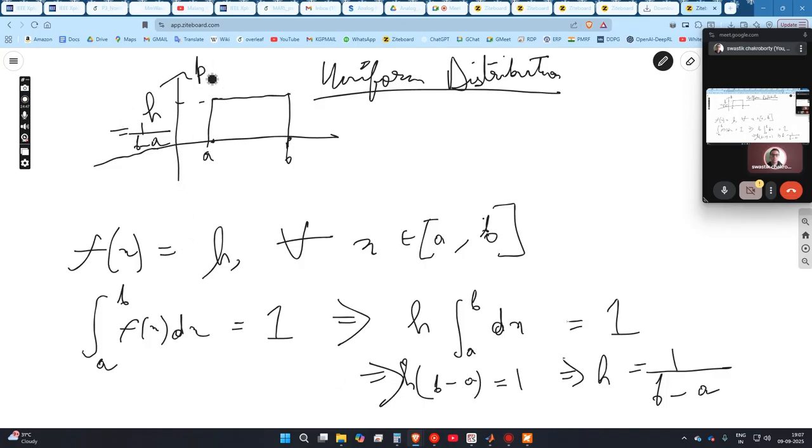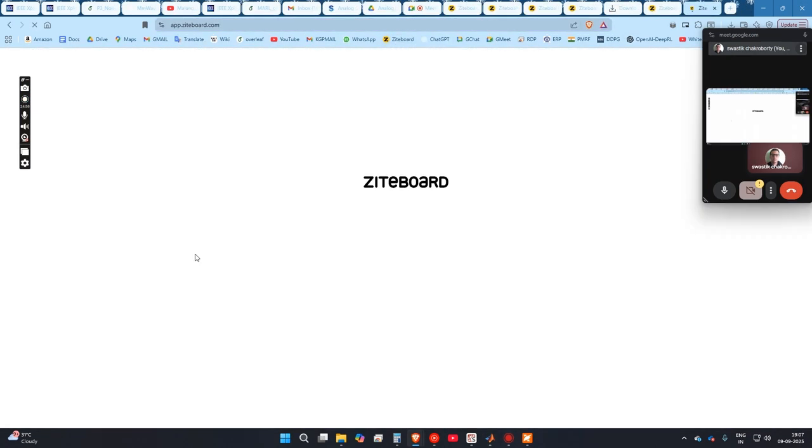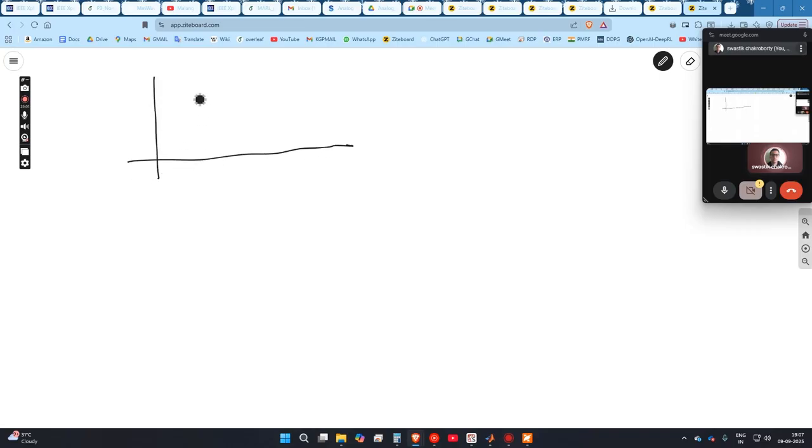Now, if you want to find the CDF, how do you get the CDF from the PDF? You integrate. Say you have this uniform distribution. Now you want to find the probability that your point lies within this region, the sum total probability of all the points in this shaded region.